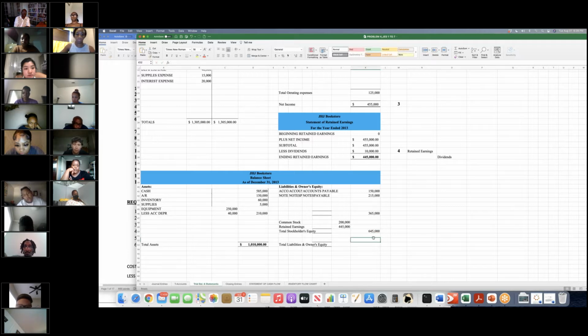So the total of liabilities and stockholders' equity is the same thing as assets, 1,010,000.